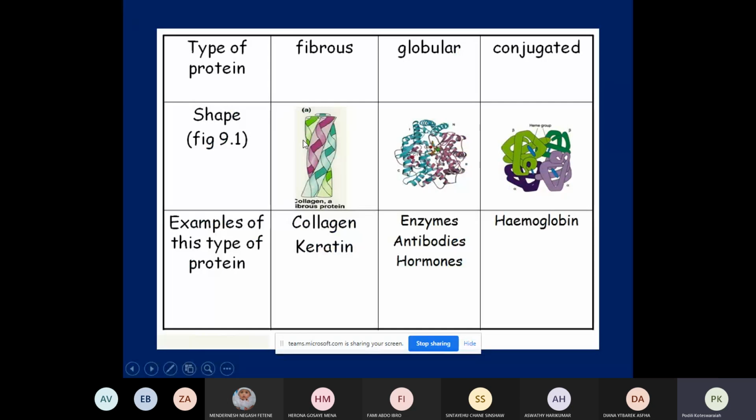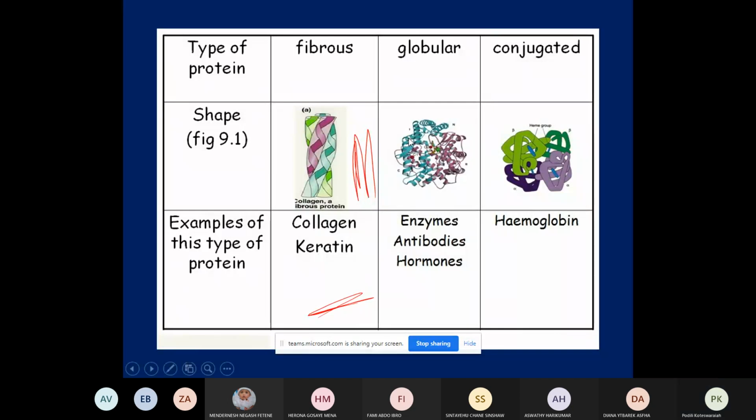And coming to the fibrous proteins, you can also see here they have the elongated or extended structure, for example, collagen and keratin. These fibrous proteins have a long thread-like structure, and they have mainly a structural role in many animal tissues. For example, alpha keratin, beta keratin, collagen, and elastin. All these are fibrous proteins.